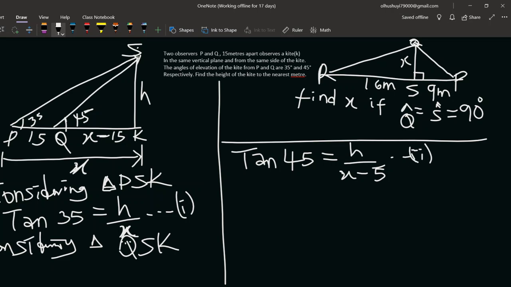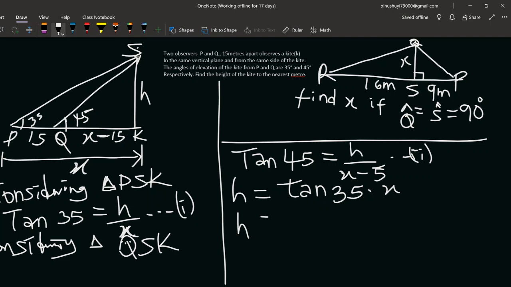Do you observe equation 1 and equation 2? They both have height, and of course the height is the same thing. So make h the subject of formula from the two equations. From equation 1, height will be equal to tan 35 times x.